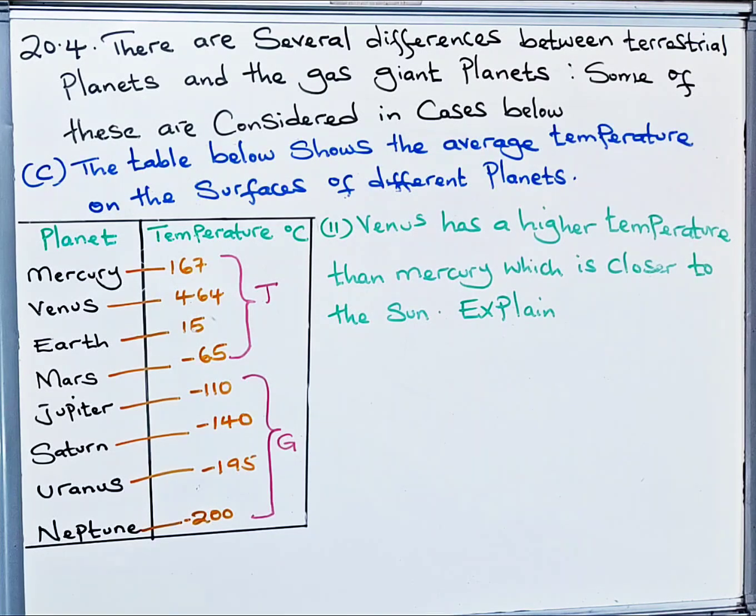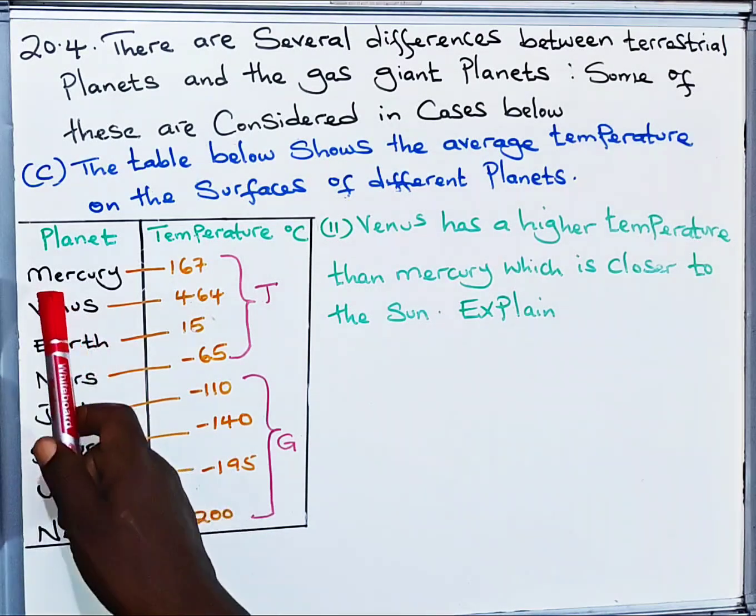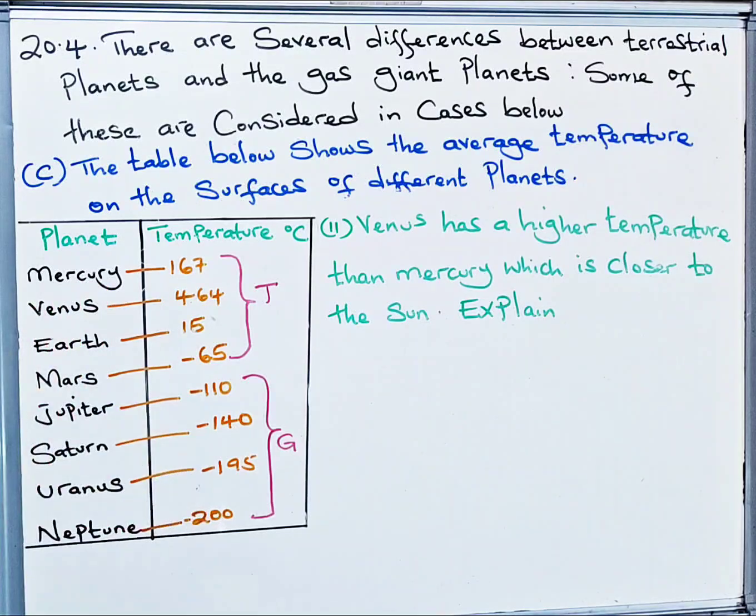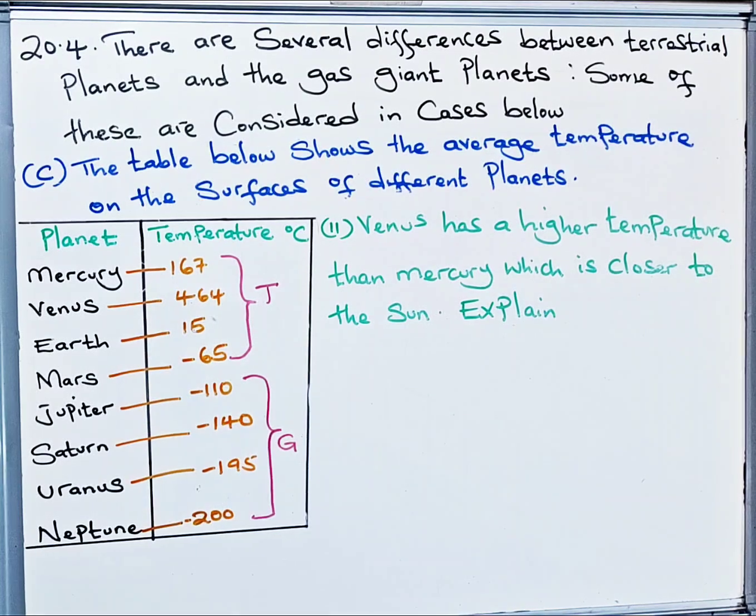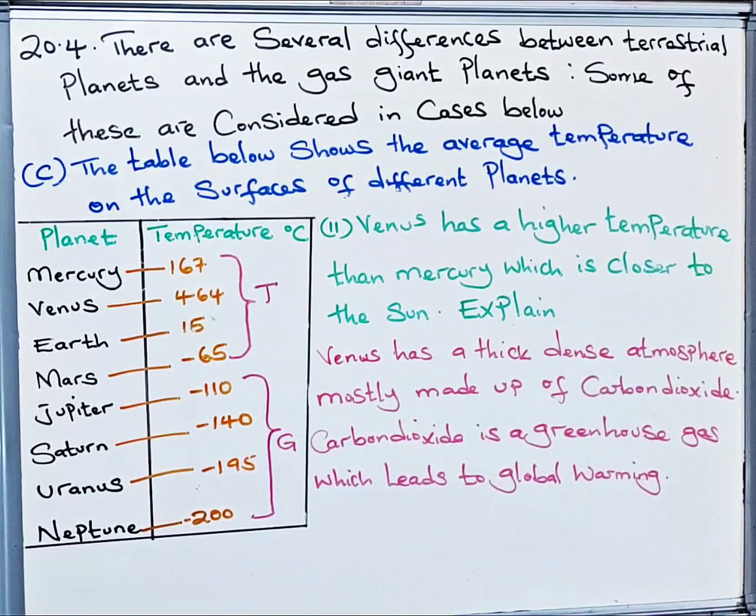And at night, it cools down so much that it goes to negative. The reason is that Mercury has a very thin atmosphere and it doesn't contain a lot of carbon dioxide.